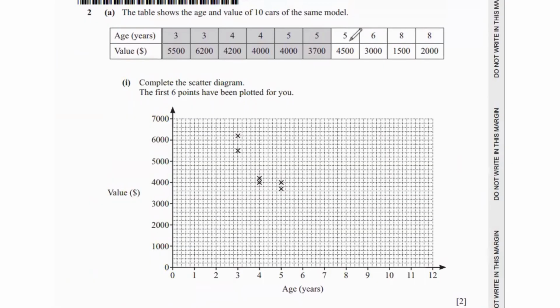We have 5 and 4,500. It's over here. Then 6 and 3,000.